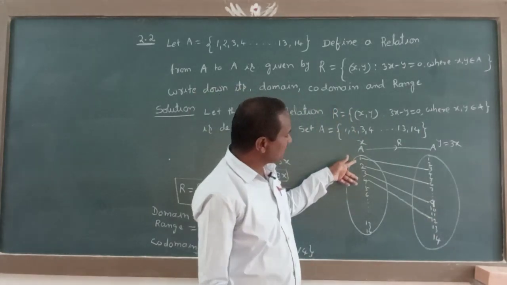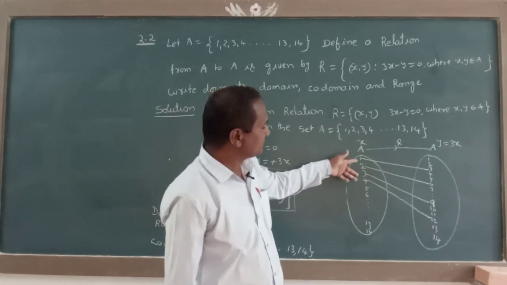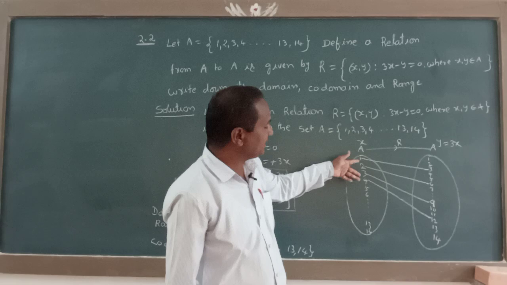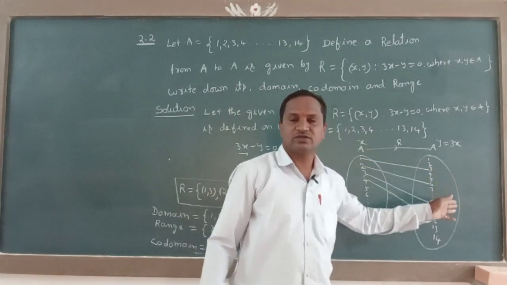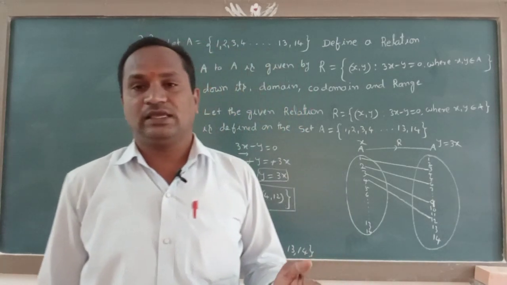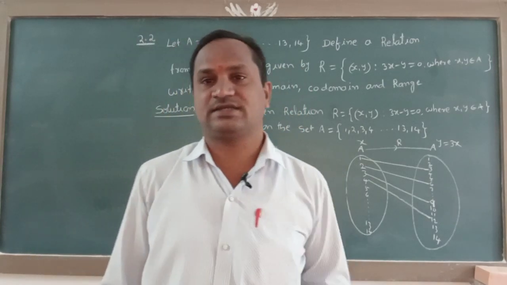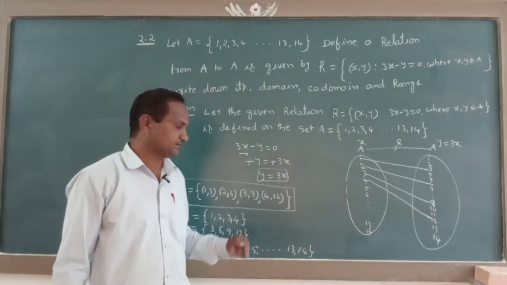The elements which are associated with the elements from the first set, we are calling them the domain. Here we are getting some elements. Those are all images, but we'll see the concept of images in functions. Those elements are called belonging to the range.